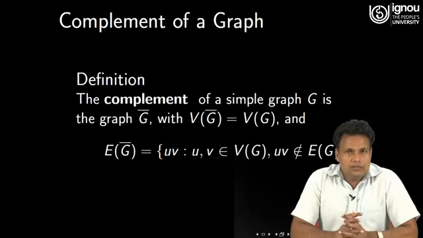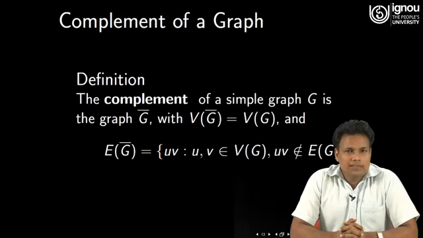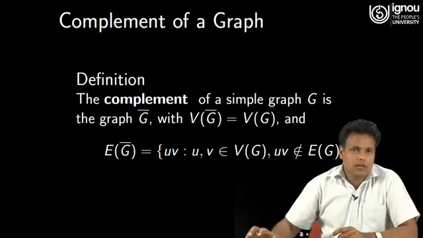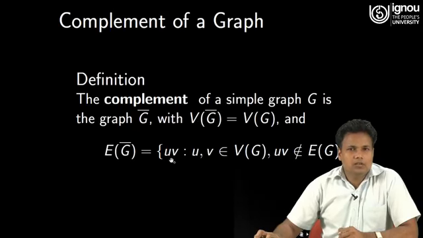So, we start with the definition. The complement of a simple graph G is the graph G bar with the vertex set the same as the vertex set of G and the edge set consisting of all those edges which are missing in G. Now, here it requires a little clarification.